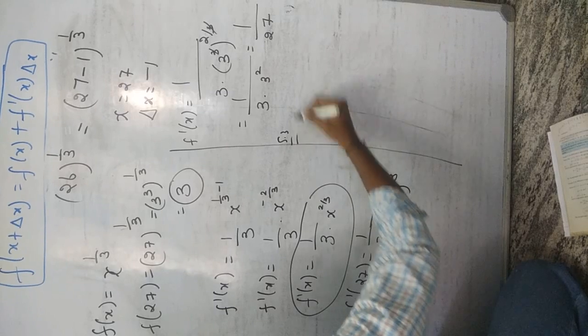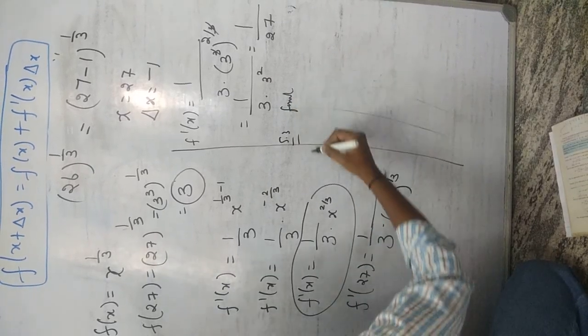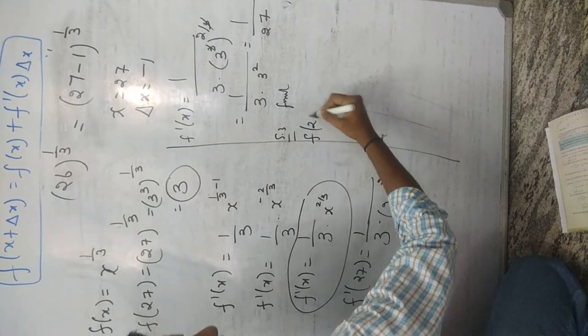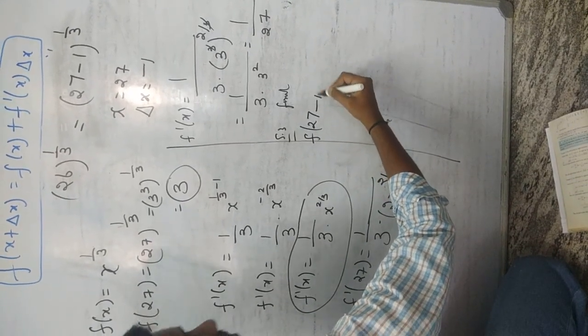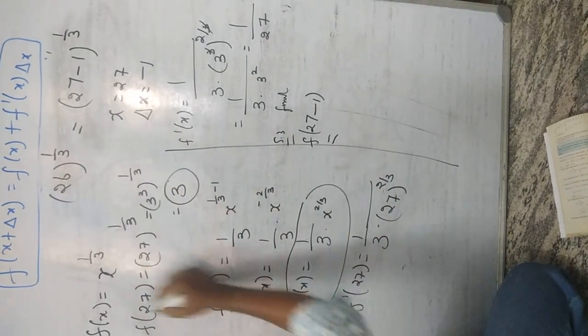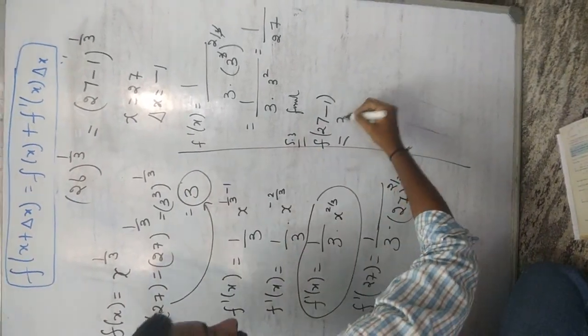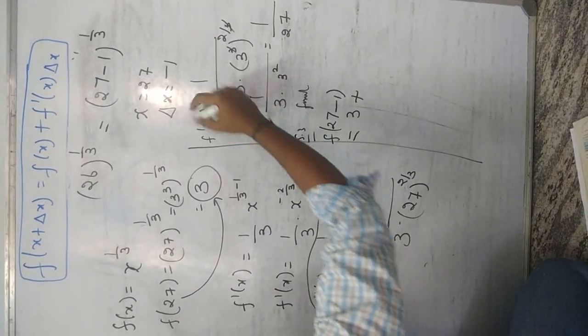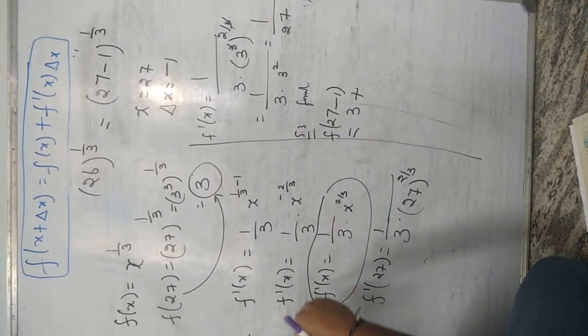Step number 3, formula substitution. F of x plus delta x. So in place of x 27, delta x is -1, equal to f of x value 3 plus f dash of x value. I'll circle it in the blue color.